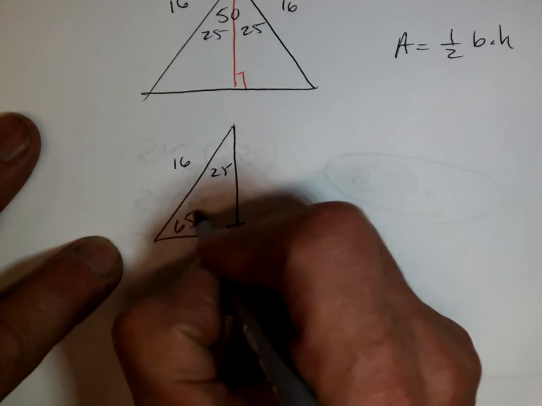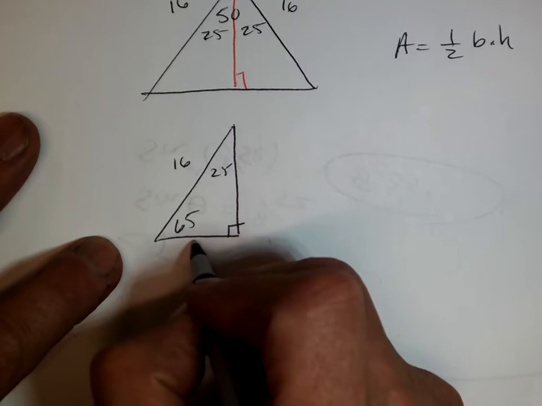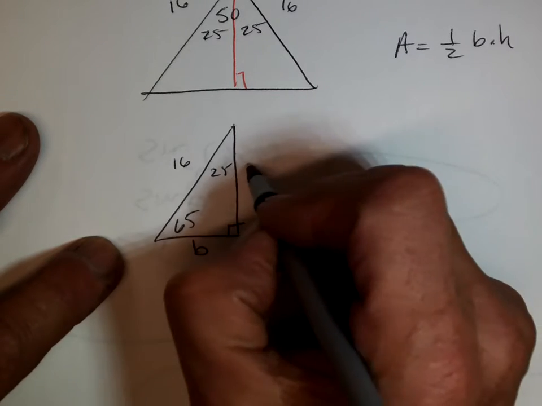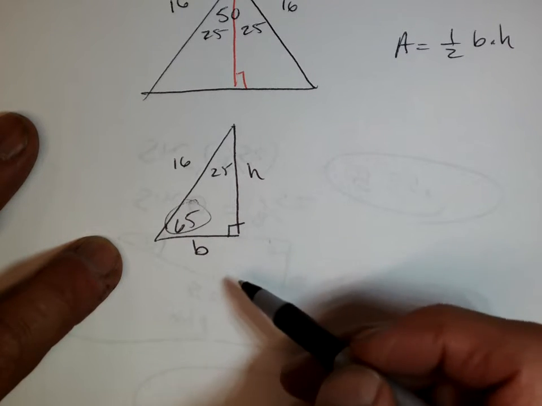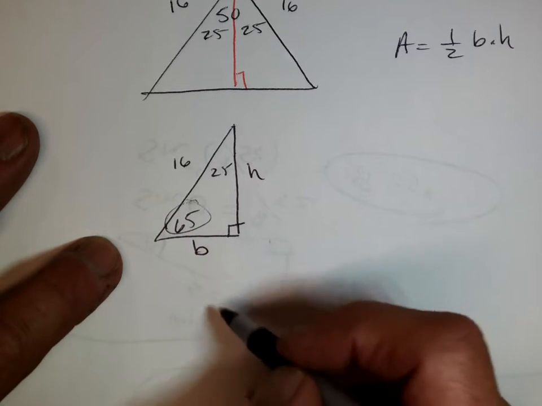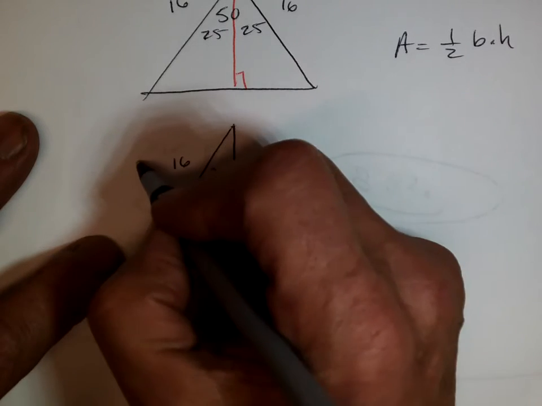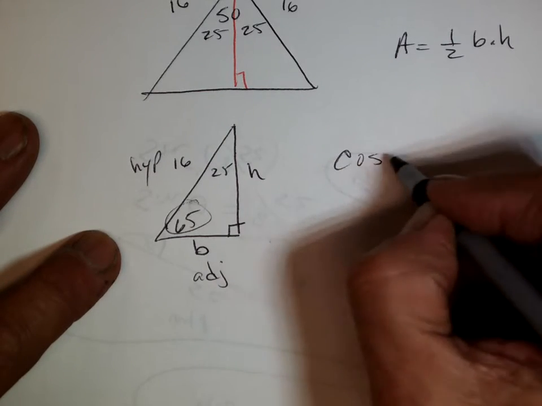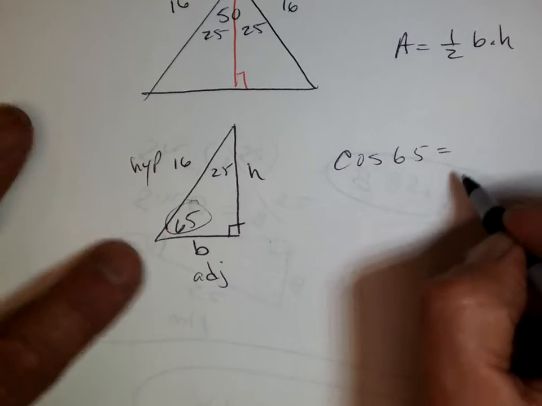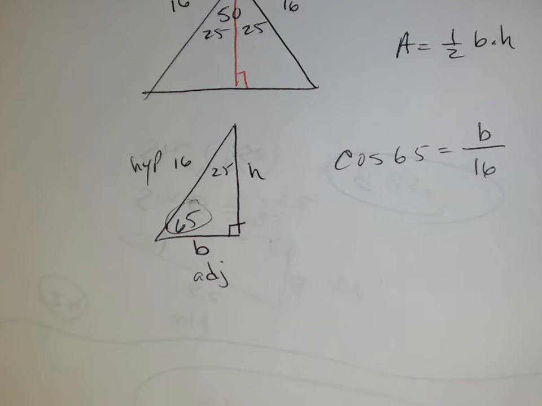Okay, 65. So here's what I want to do. I want to find the base. Let's just call this B for base. And I want to find the height. All right, I can do that. So let's find the base first. Let's see, that's going to be my adjacent side, and that's going to be my hypotenuse. So let's set it up. Cosine 65 is equal to B over 16, right?